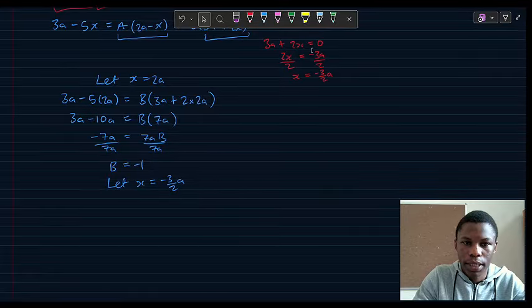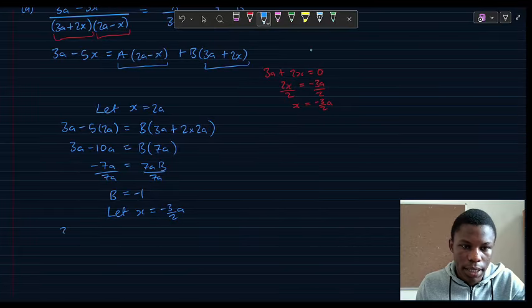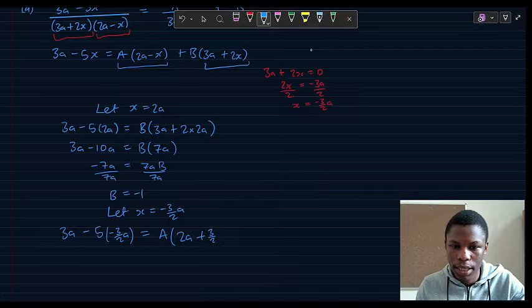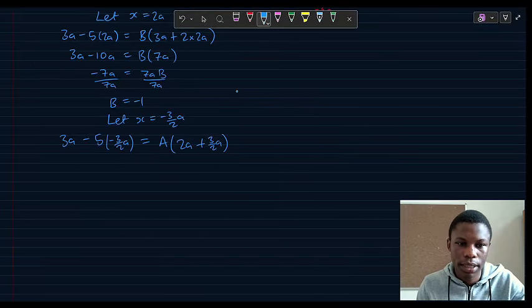And so this becomes 3a minus 5 times negative 3 over 2a is equal to, that eliminates the second term, we've got a times 2a minus 3 over 2a, so plus 3 over 2a. And let's simplify this.